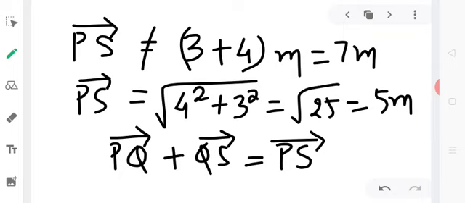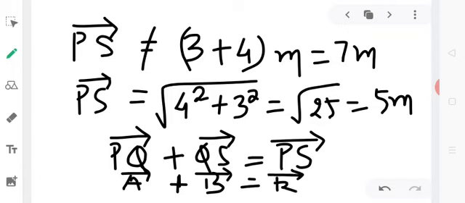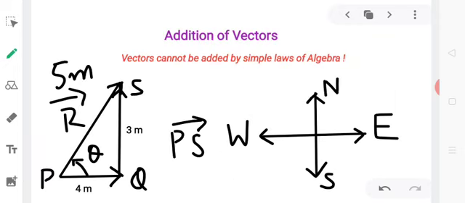If PQ, QS and PS are represented by A, B and R respectively, then we can also write vector A plus vector B is equal to vector R. Here R is called the resultant of the two vectors A and B. It means the tail of B coincides with the head of A.